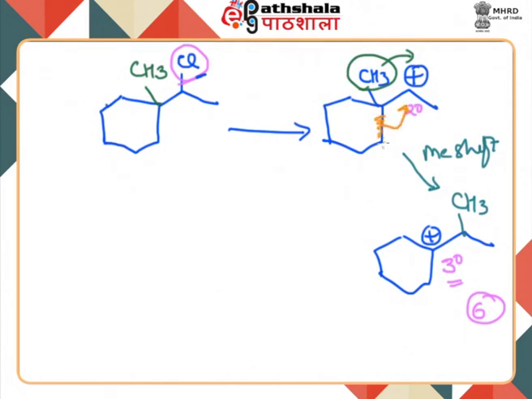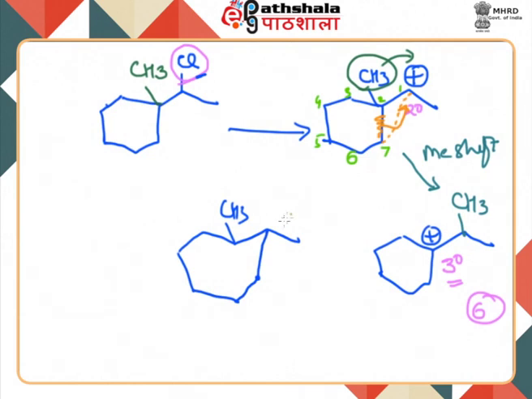Now alternatively, if we carry out this alkyl shift as we have done earlier, that is, we break this bond from here and join it from here, then we get a 1, 2, 3, 4, 5, 6 and 7-membered cyclic ring. If we do the numbering again to see from where the bond has broken and where it has formed, it will be very clear.